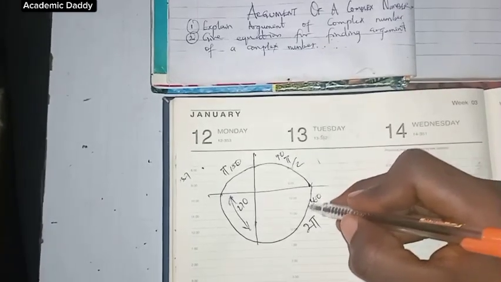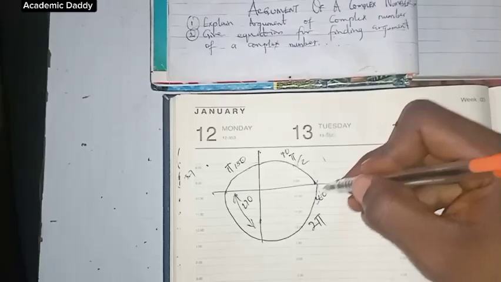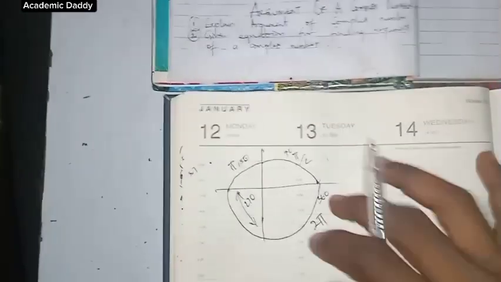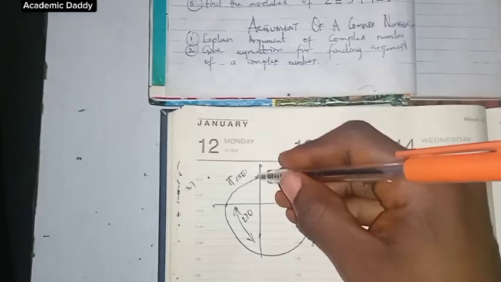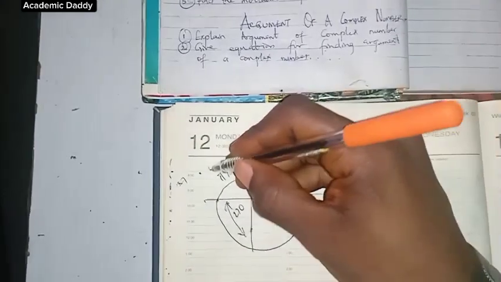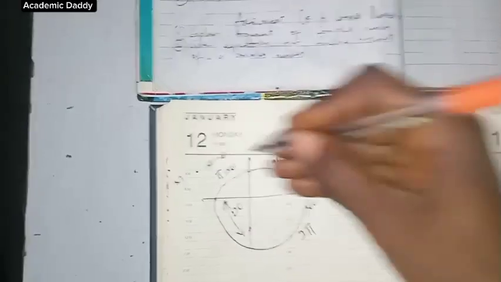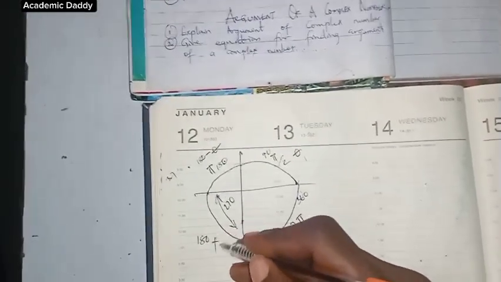If it falls here, I'll simply say 360 minus what I have. If it falls inside the 180 region, I say 180 minus what I have. So for here, we do 180 minus theta. For here, we just have theta. For here, we do 180 plus theta.